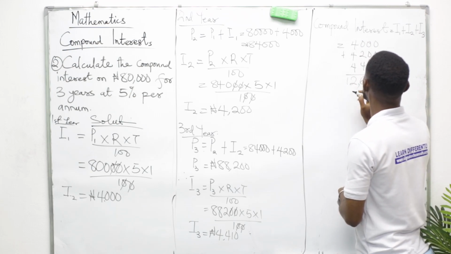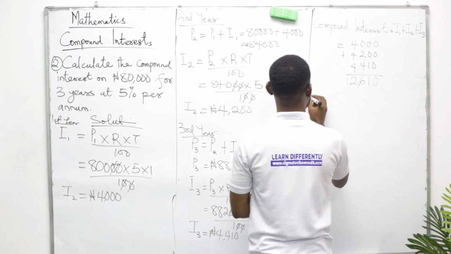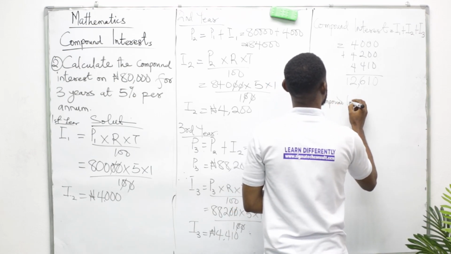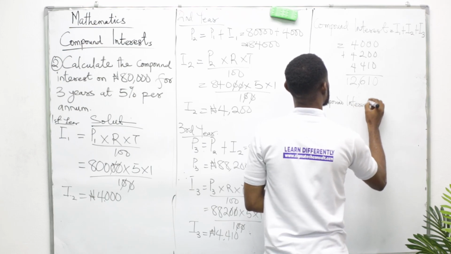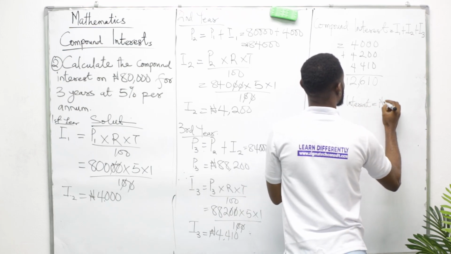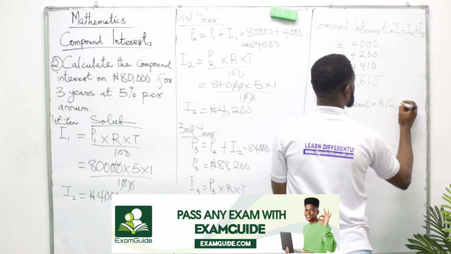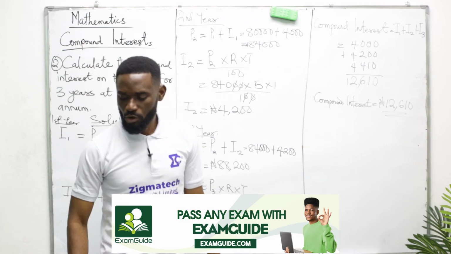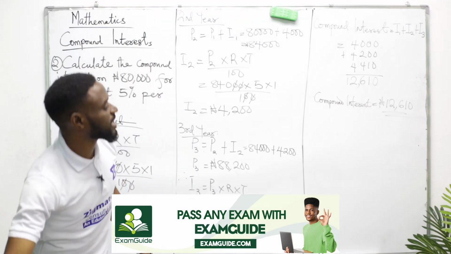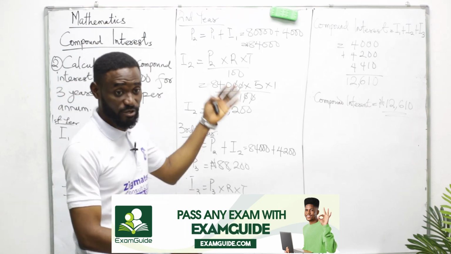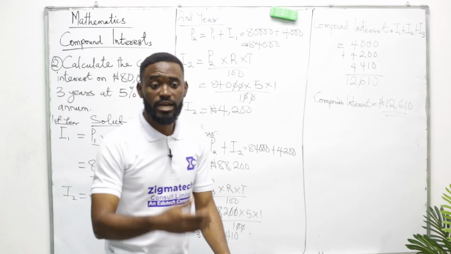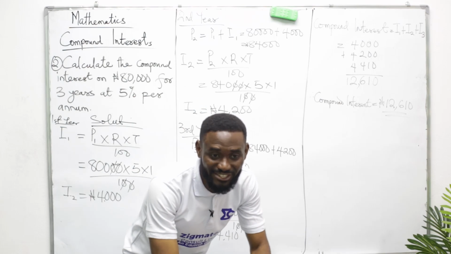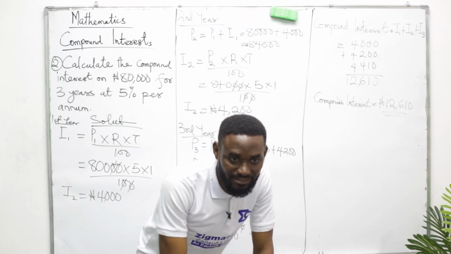So we said, therefore, compound interest is equal to 12,610 naira. All right? So that is the compound interest of 80,000 naira for 3 years at an interest rate of 5% per annum.